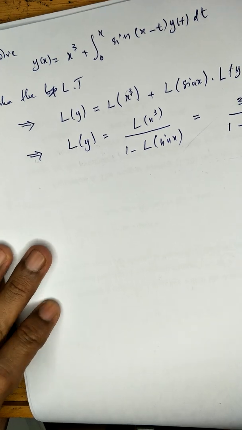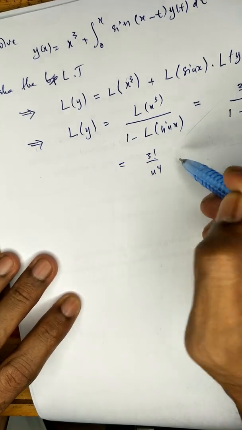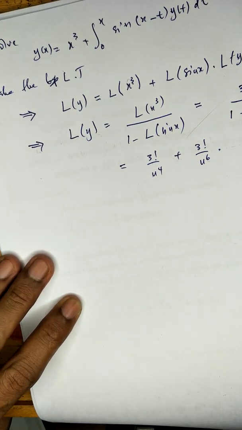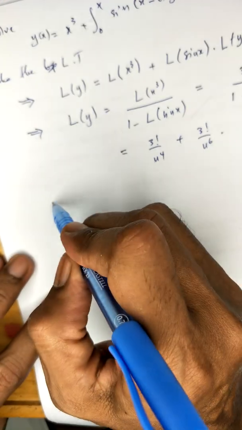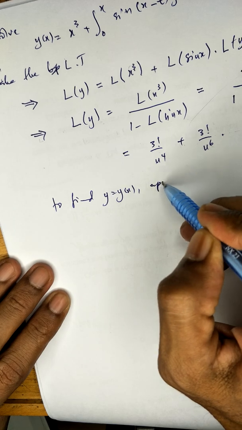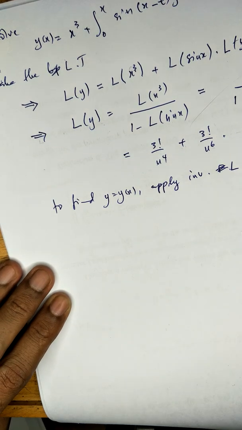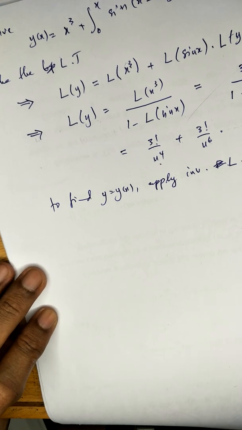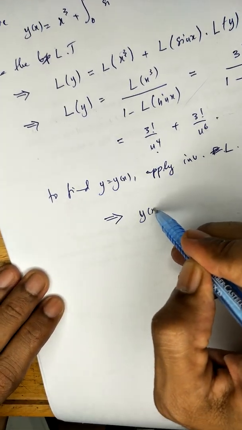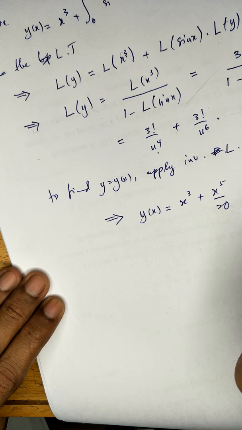You can simplify this, and that will give you 3 factorial over u^4 plus 3 factorial over u^6. Then to find y(x), we apply the inverse Laplace transform. Then you have y(x) equal to x cubed plus x^5 over 20. So that's the result.